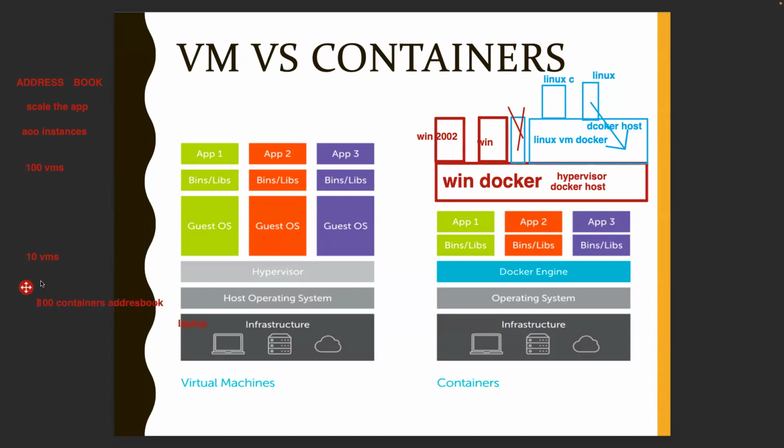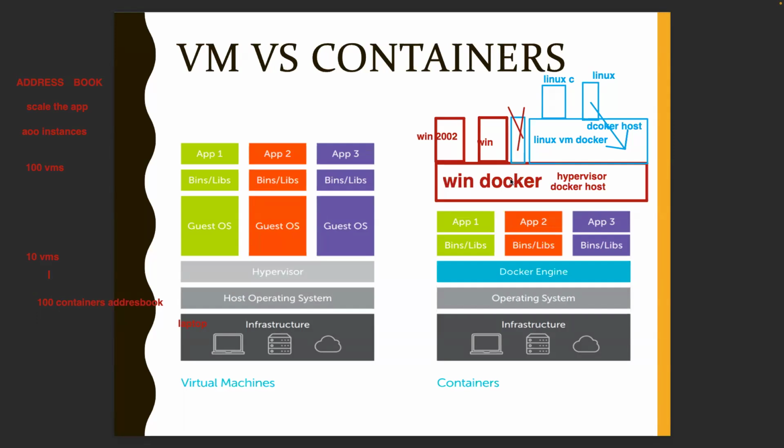Of course, the numbers are just an example. Don't think that 10 VMs means 10 containers each, 10 into 10. No, it depends on what is present in your container and how many resources they consume. How many VMs you need depends on that. As an example, I'm telling you, the whole point is that the number of virtual machines is reduced drastically. On top of them, you can increase your containers, which run the actual application.